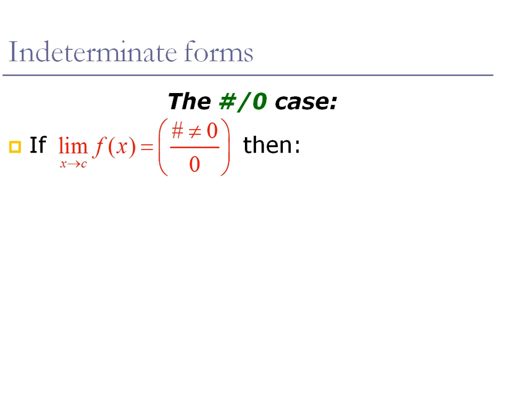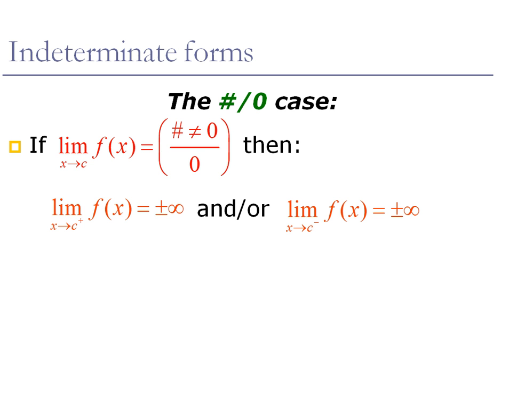And in that situation, we know that we end up with a fraction which becomes as big as we want in an unbounded way, and therefore either the limit as x approaches c from the right and or the limit as x approaches c from the left are going to be infinite.